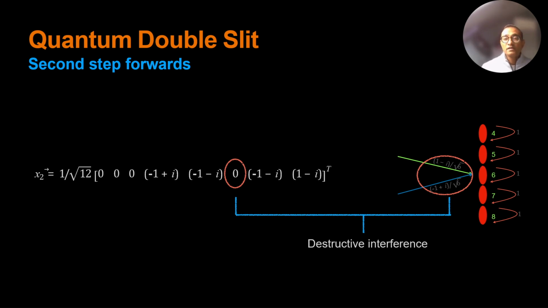In fact, it tends to go in the opposite direction, where you will see that the amplitude coefficient at vertex 6 is now 0 because of what we call destructive interference, because now the amplitude coefficients are not adding up, or rather they are cancelling each other.